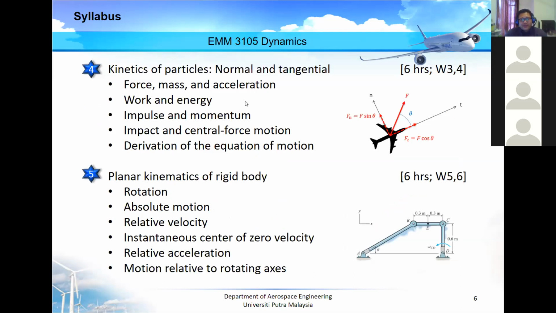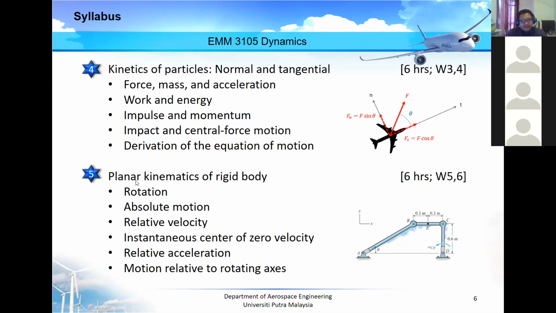We will also look into the motion of, for example, an aircraft. As you know, the aircraft will take off and turn and descend and do many things. So there is a lot of motion involved, and we can analyze that particular problem.